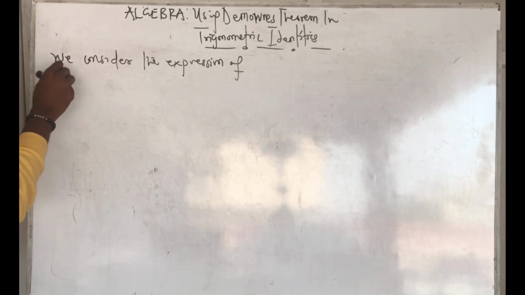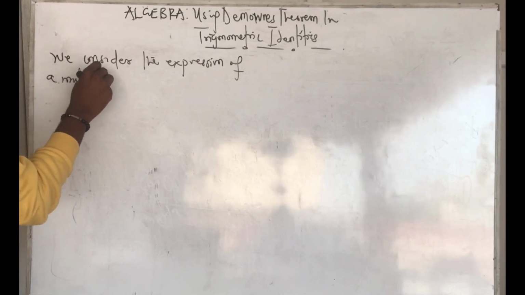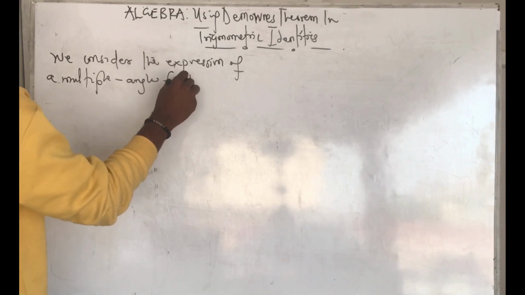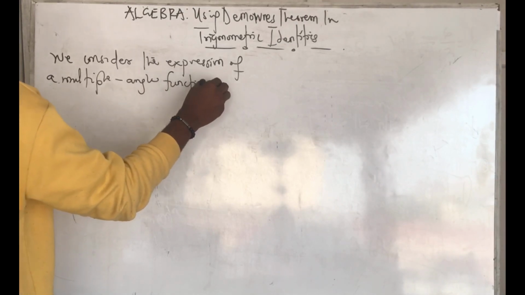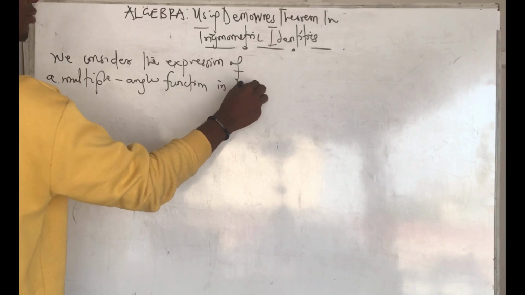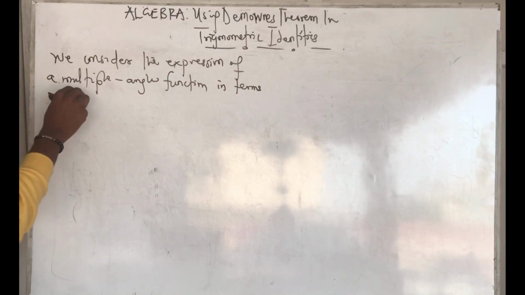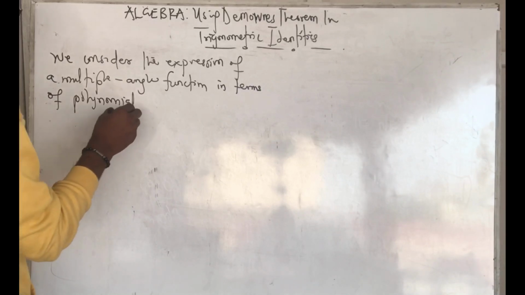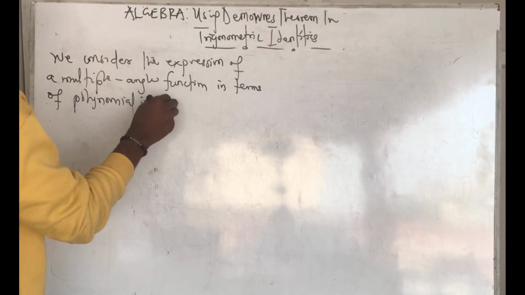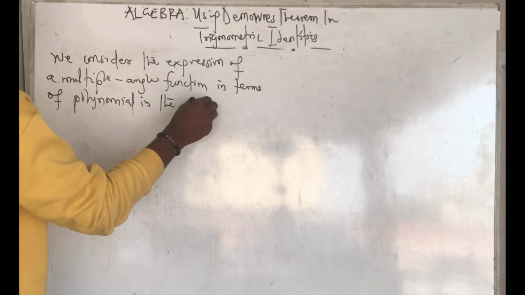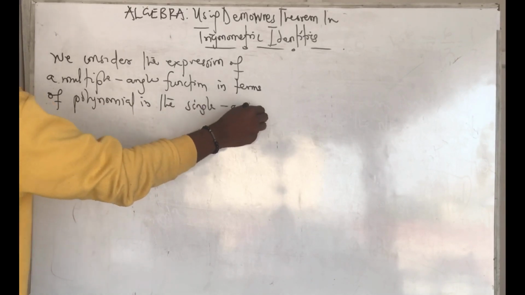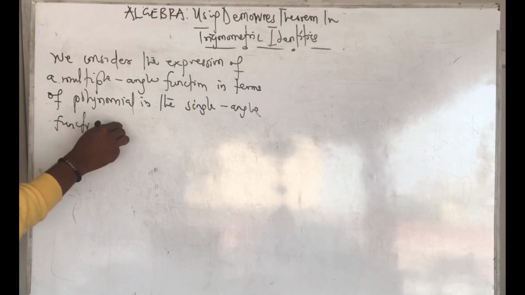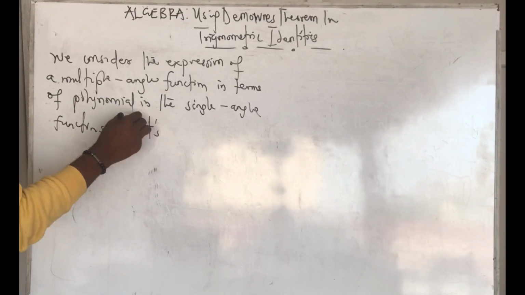To do this, you consider the expression of a multiple angle function in terms of a polynomial in the single angle functions and its converse.